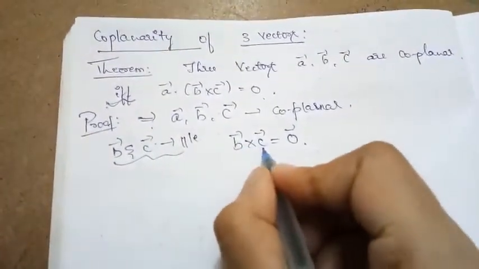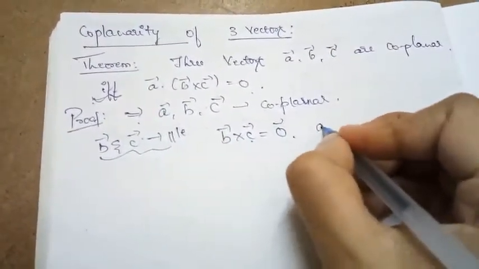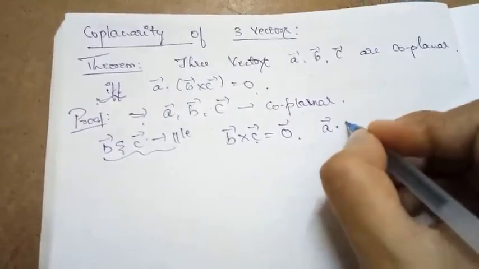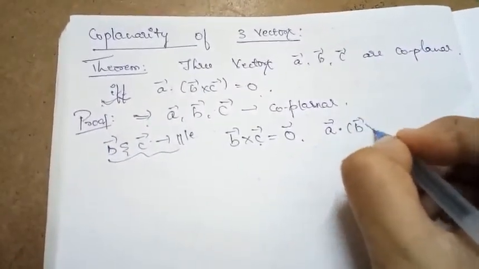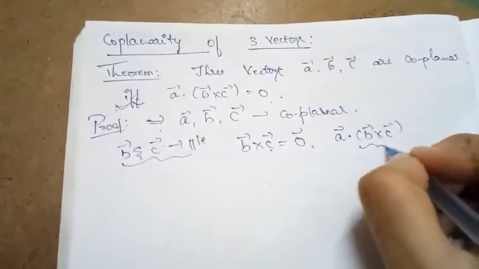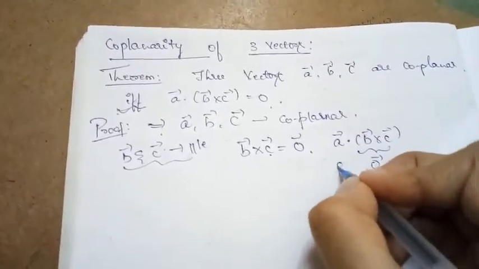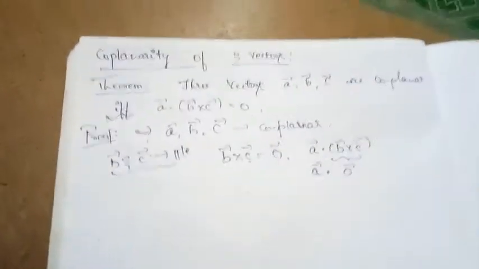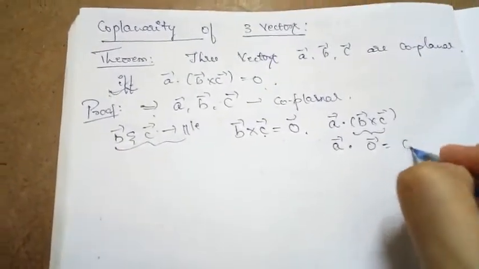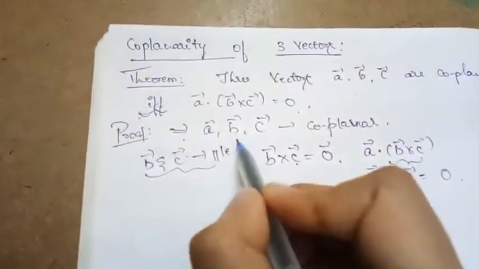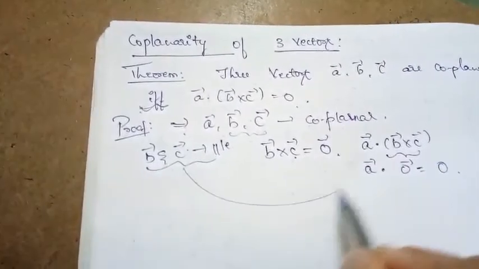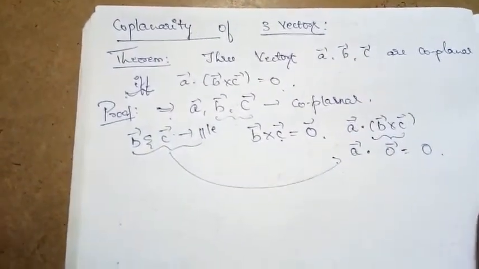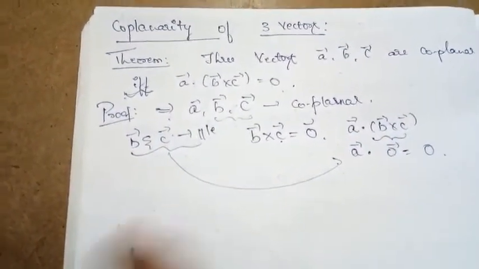So vector B cross C is the 0 vector, and if I take the dot product of any vector with B cross C, where B cross C is nothing but the 0 vector since those are parallel, it is 0 itself. So if these two vectors are parallel, then we are going to get the scalar triple product equal to 0.